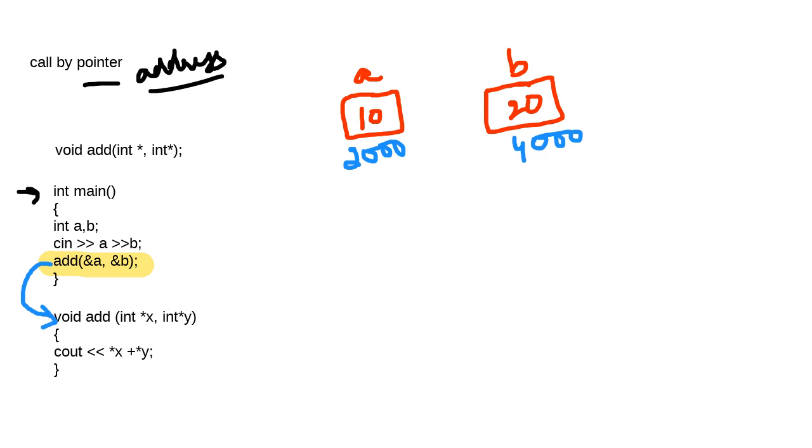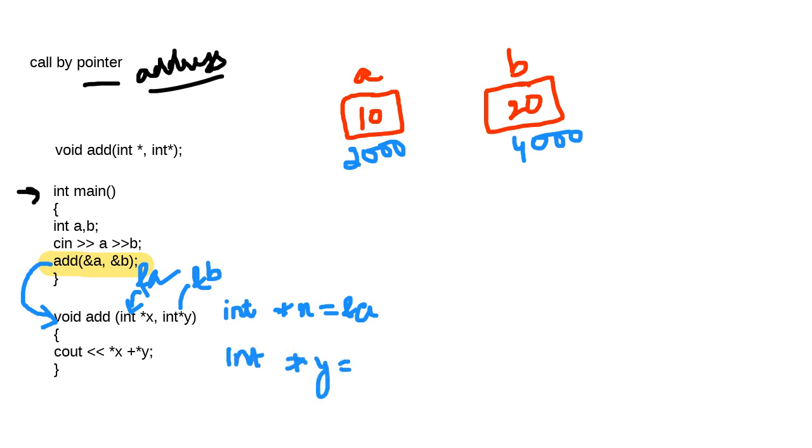अब क्या बन जाएगा? Ampersand a is copied inside x, ampersand b is copied inside y. So again, can I simplify this as int star x equal to ampersand a and int star y equal to ampersand b, right? So two new variables are created. One is x and one is y.